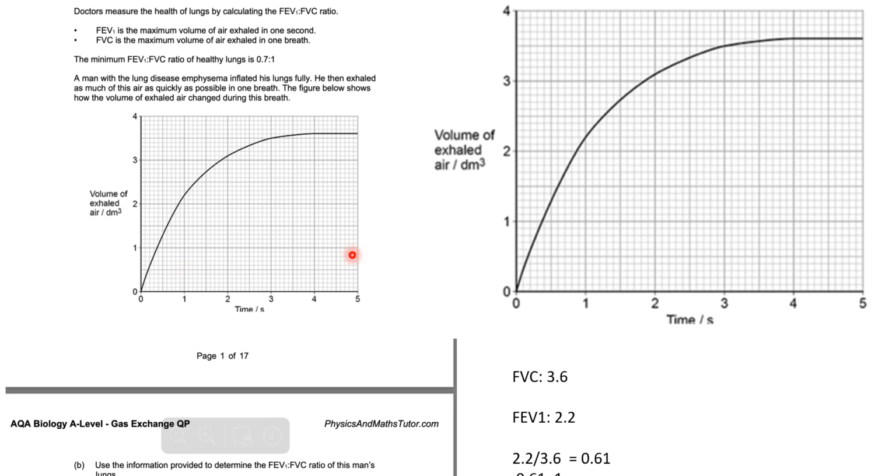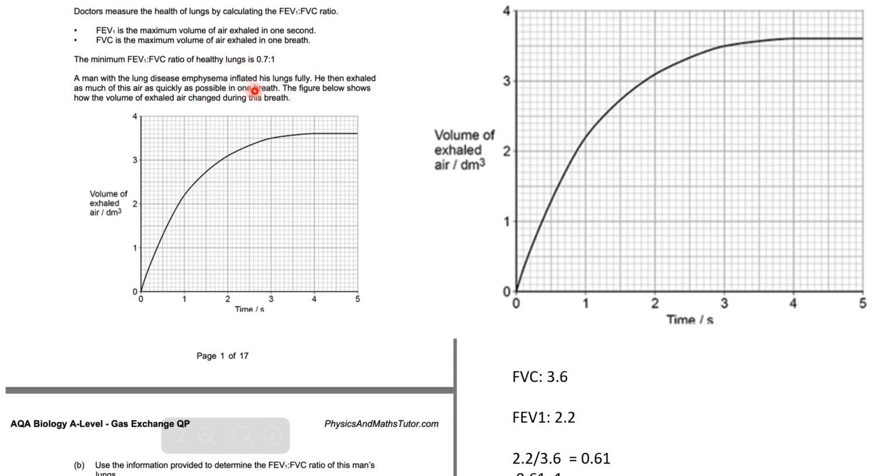What I have done is I have made this graph a bit bigger here so you can see. So I want to ask you, can you find out for me what is the FEV1 and what is the FVC? So let's do the FVC first. It's quite easy. FVC is the maximum volume of air exhaled in how many breaths? 1 breath. So they're telling you, if you read it very carefully, this whole graph is 1 breath.